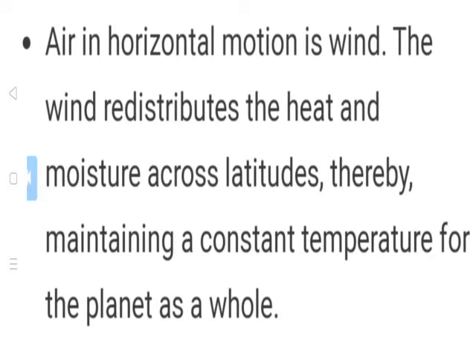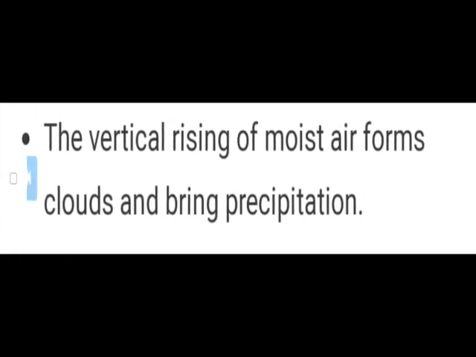Students, air in horizontal motion is wind. The wind redistributes the heat and moisture across latitudes, thereby maintaining a constant temperature for the planet as a whole. The vertical rising of moist air forms clouds and brings precipitation.